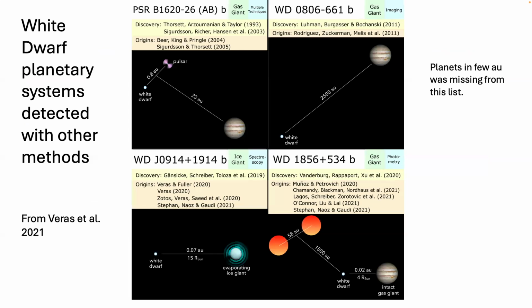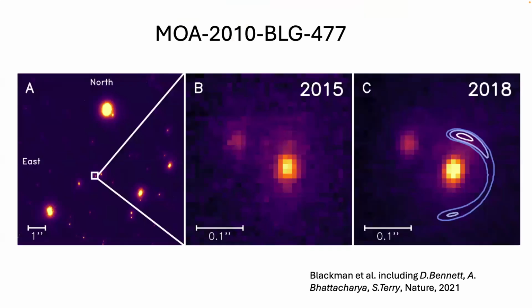So what is missing from this list is a planet that is only a few AU away from the host star. Until 2021, then, the first microlensing planet discovered around a white dwarf was MOA 2010 BLG 477. This was actually published in 2021.